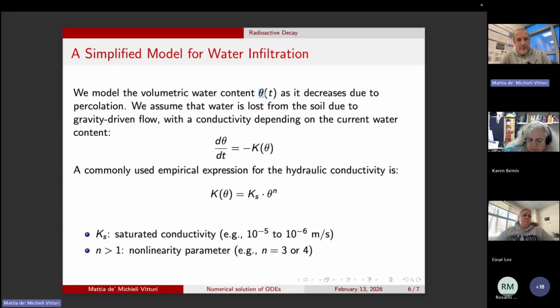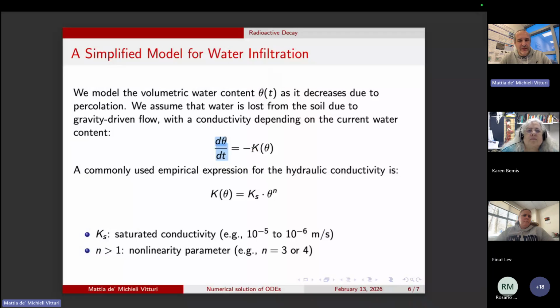So the variable theta expresses the fraction of water, so the volumetric fraction of water in a layer of soil, and this decrease depends on the hydraulic conductivity. So the larger is the conductivity, the larger will be the variation of water. So we are losing more water, the higher is the conductivity.